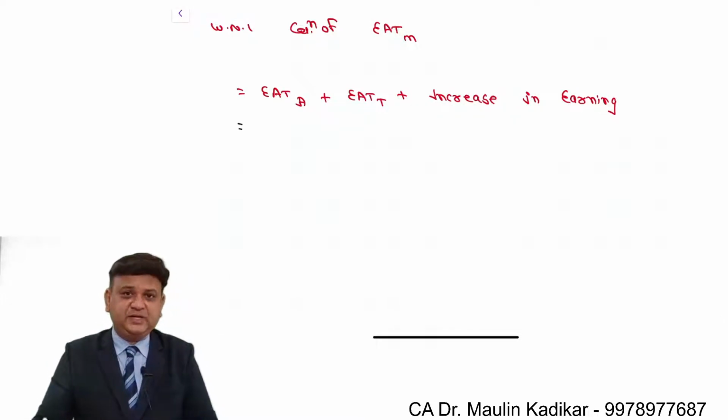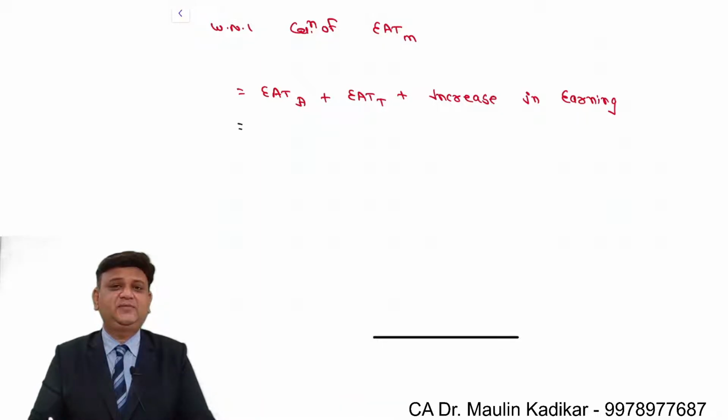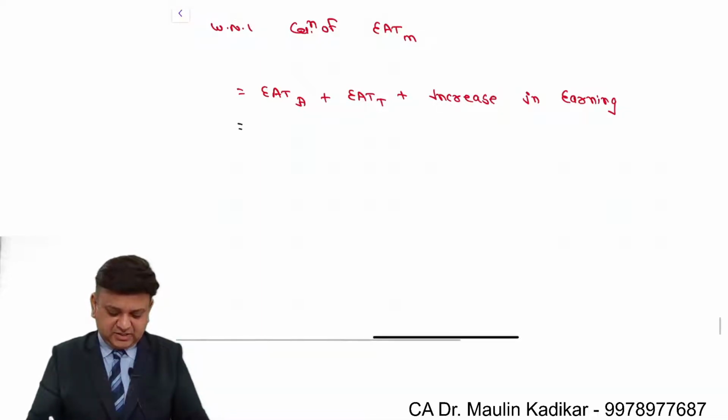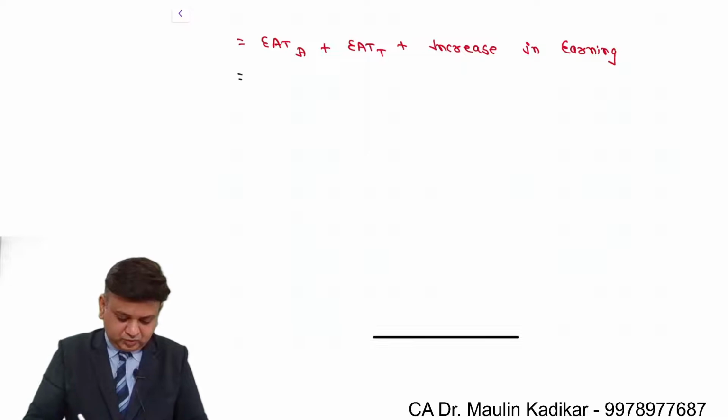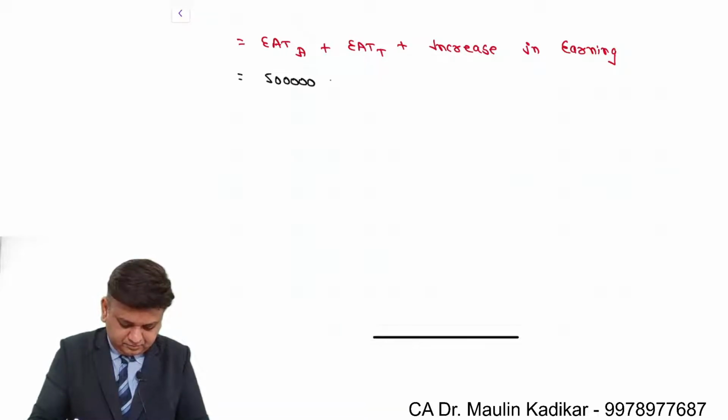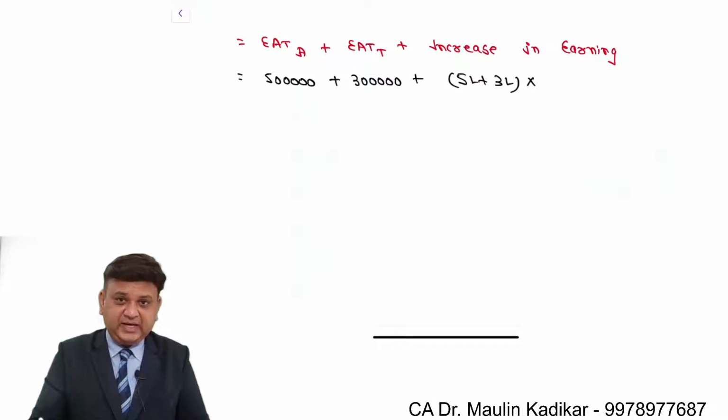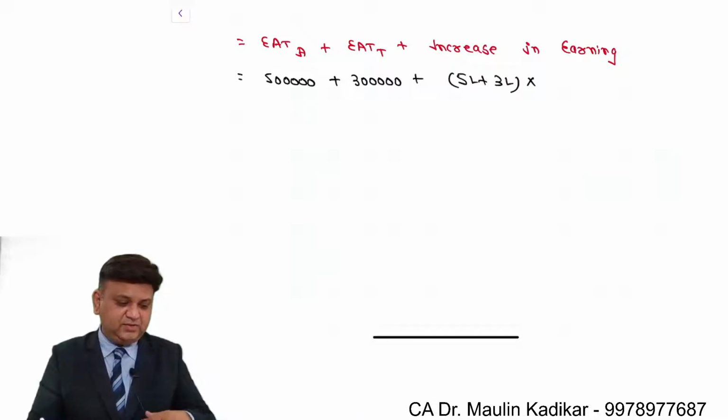So it is earning after taxes of A plus earning after taxes of T plus increase in the earning. So it is 5 lakhs plus 3 lakhs, that is 8 lakhs. It will increase at the rate of 20%.